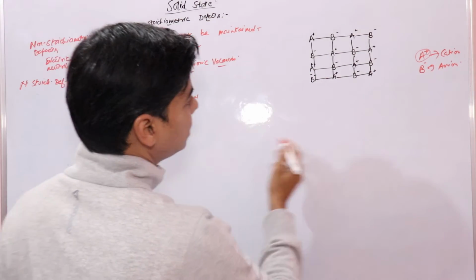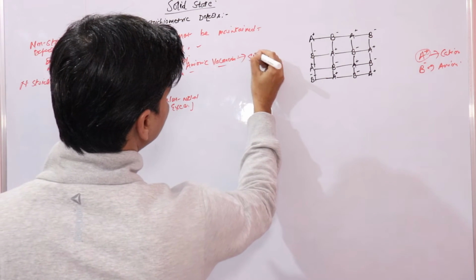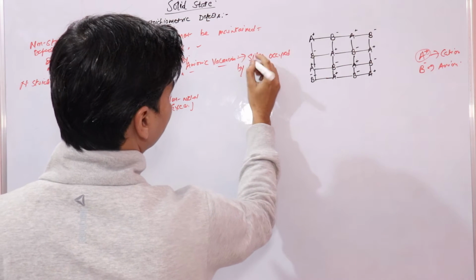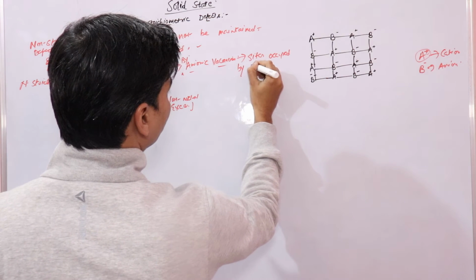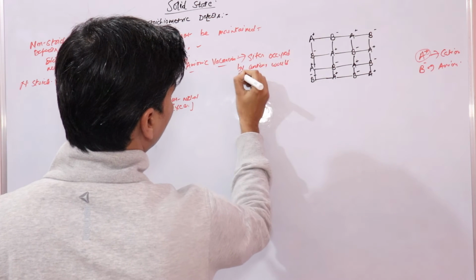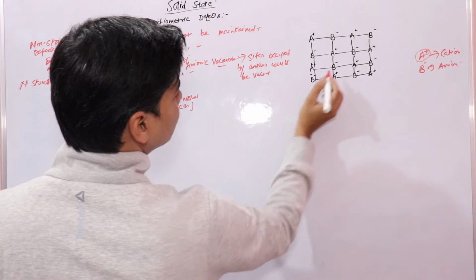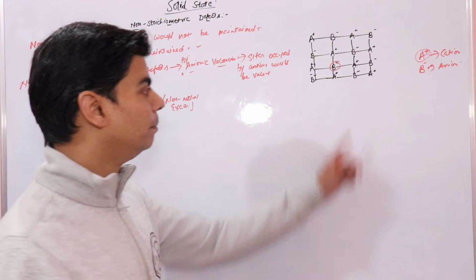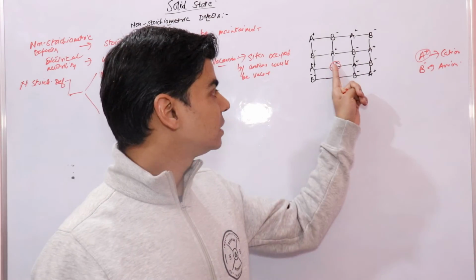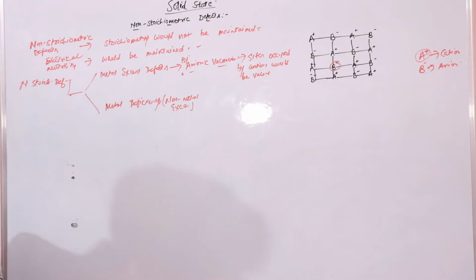By anionic vacancy we mean the sites occupied by anions would be vacant. So say this anion, B minus, is missing from this lattice site. It will give rise to this metal excess defect.